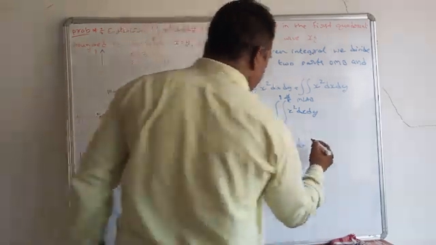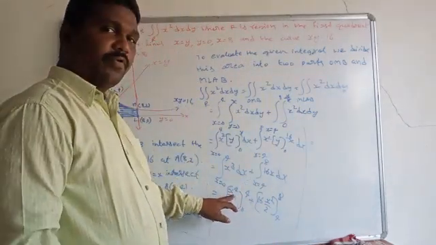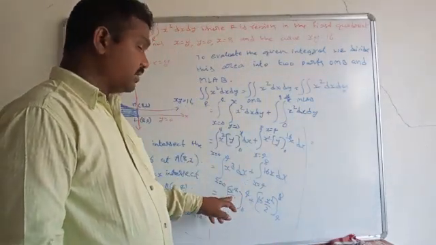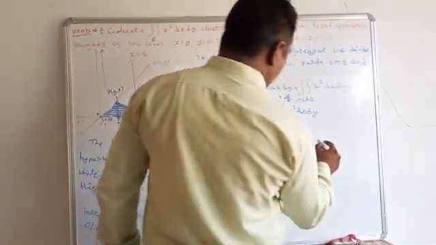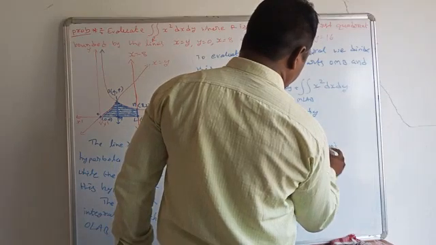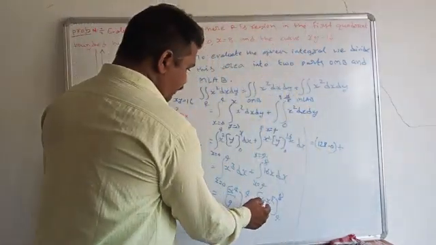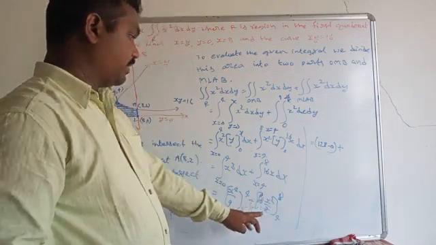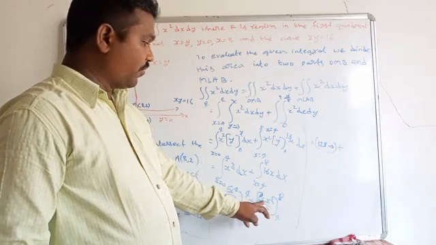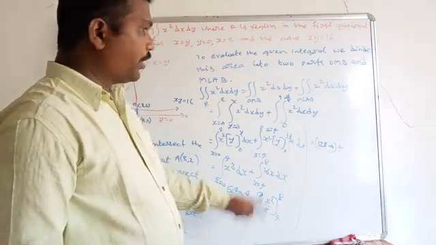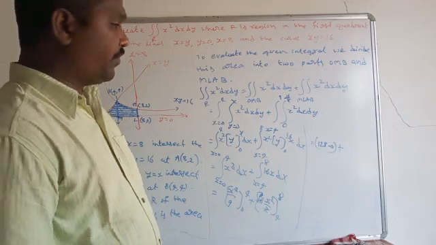Applying the upper limit 4, 4 4s are 16, 16 16s are 256, by 4 that is 128. 128 minus 0, plus 16 by 2, 8 times, 8 square is 64, 64 into 8 is 512.